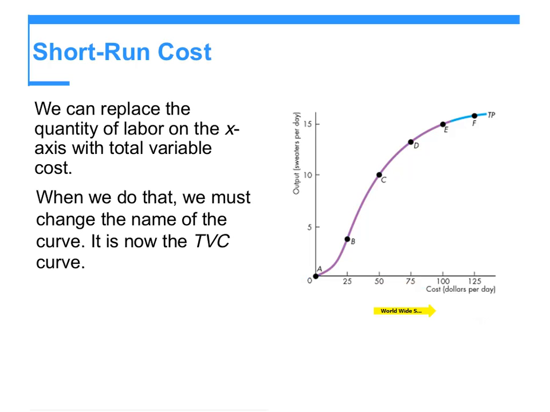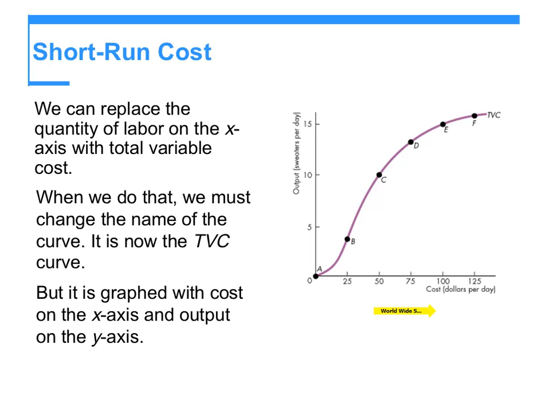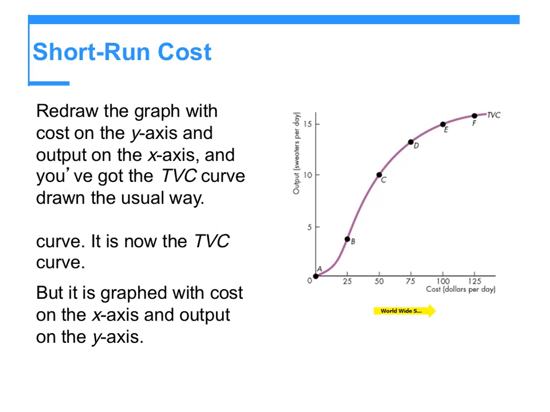So we can replace the quantity of labor on the x-axis with total variable cost. When we do that, we must change the name. It is now the TVC curve. But it is graphed with cost on the x-axis and output on the y-axis. You can see now. See what happens?